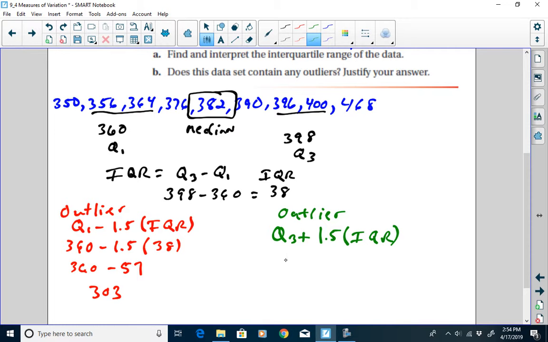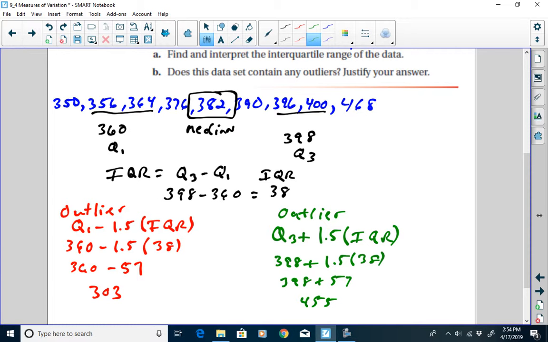Your Q3 is 398 plus 1.5 times your 38. Using our calculators, we have to do the multiplication step first, so that's going to be 398 plus 57. And 398 plus 57 is going to be 455.